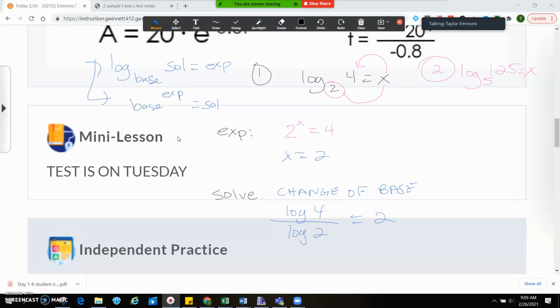All right, so on number 2, we're going to put it in exponential form. So we're going to start at our base, go to our outside, finish here. So 5 to what power gives us 125? Now, I'm going to be honest, I don't know this off the top of my head, right? So then what I would do in order to solve is I would do the change of base. So I would do log of 125 divided by log of 5.